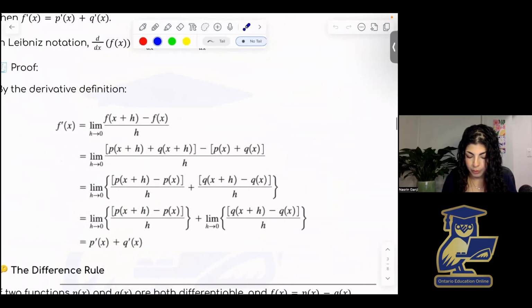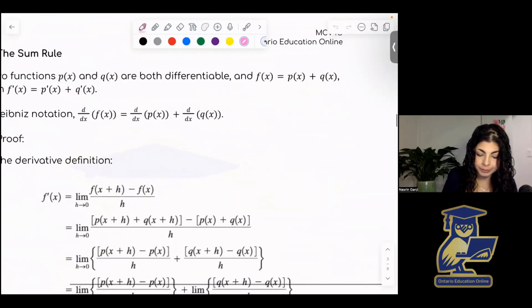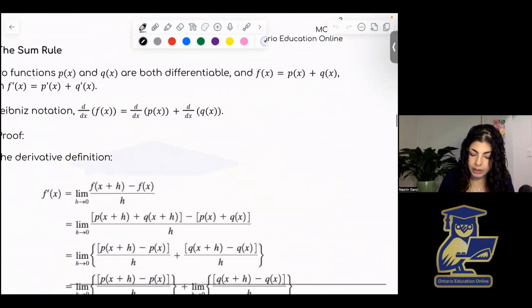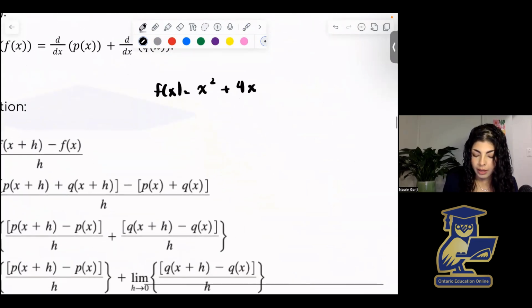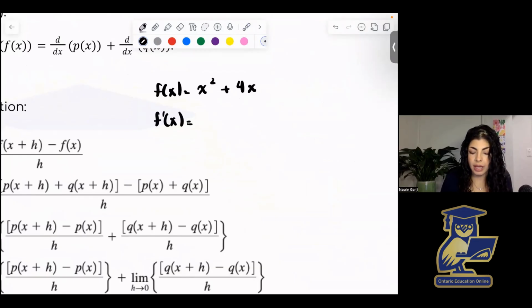Okay, I'll give you an example here for this. Consider f of x is x cubed plus 4x. So f prime of x is going to be the derivative of x squared, which now we know by power rule is 2x, and the derivative of 4x.